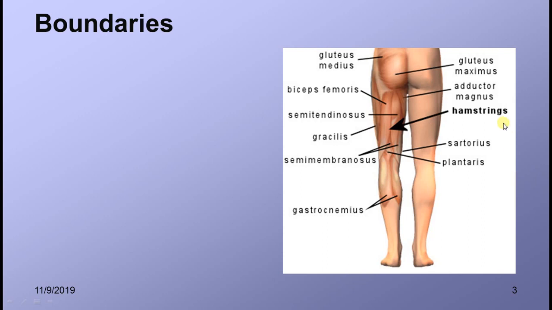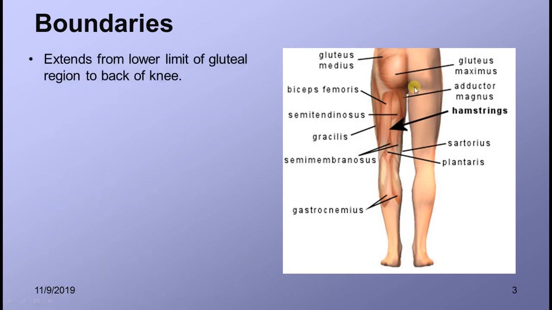So the extent of the posterior compartment or the flexor compartment of the thigh will be the lower limit of the gluteal region. The inferior gluteal fold you see here is the upper limit of the posterior compartment or the back or the flexor compartment of the thigh, extending up to the back of the knee region.